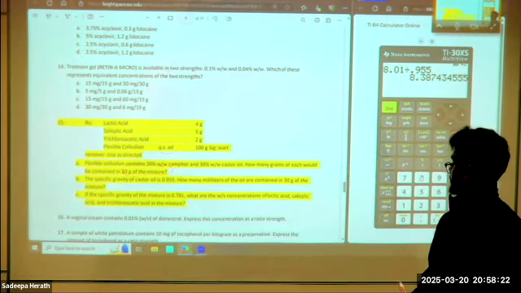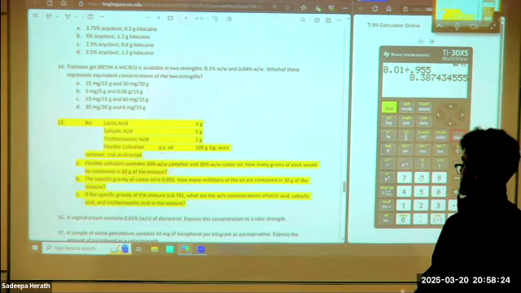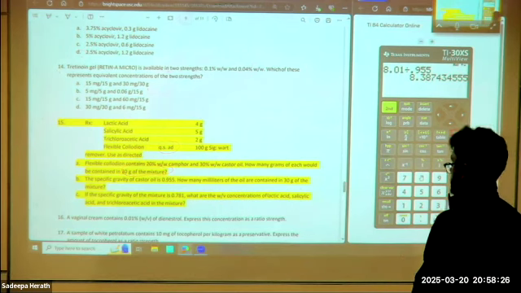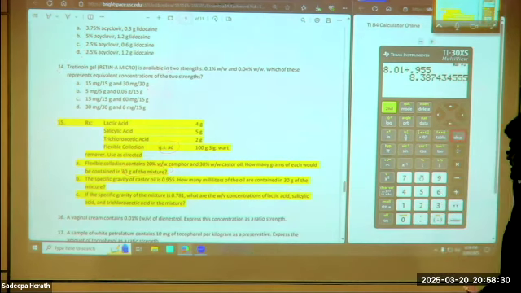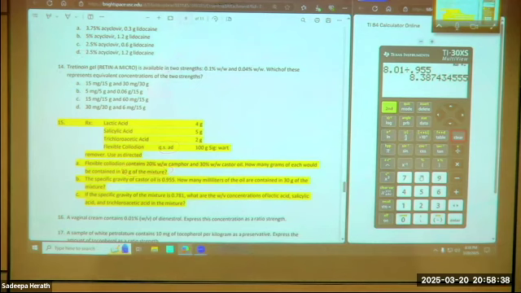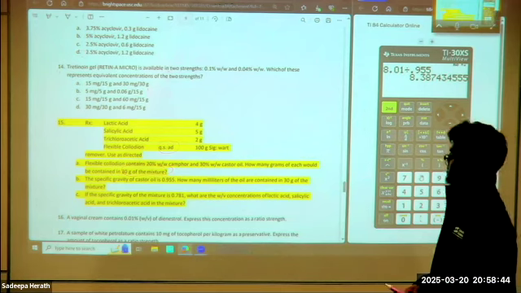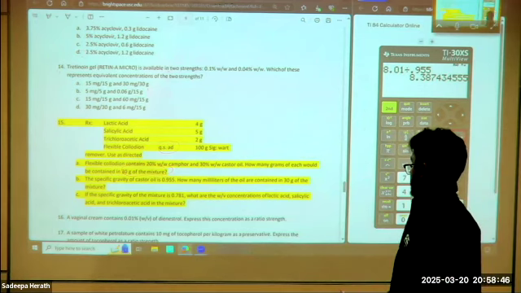If the specific gravity of the mixture is 0.781, what are the weight to volume concentrations of lactic acid, salicylic acid, and trichloroacetic acid in the mixture? Okay, so weight per volume.